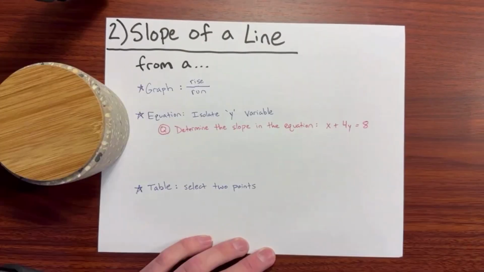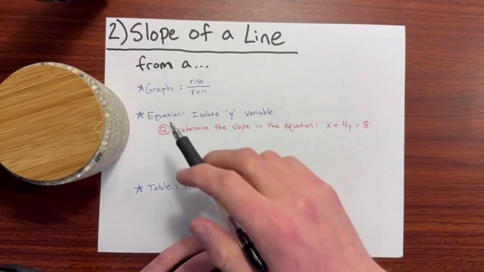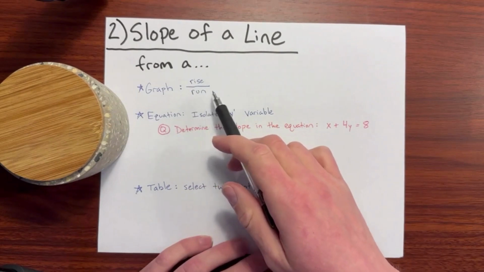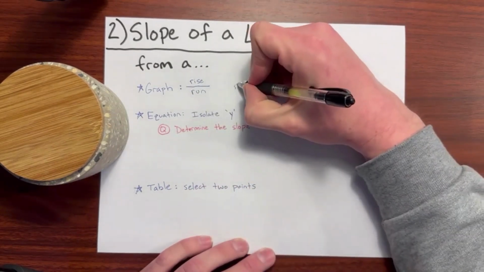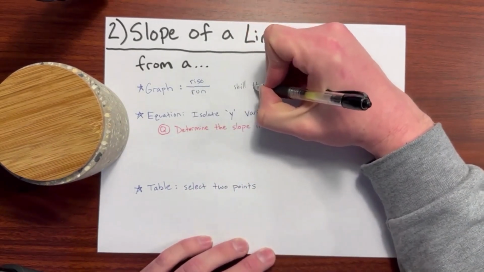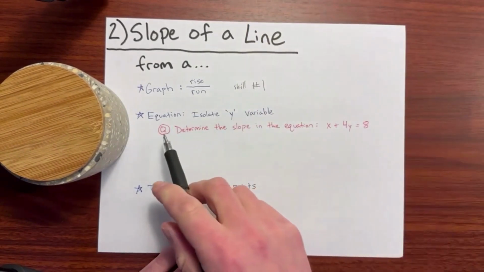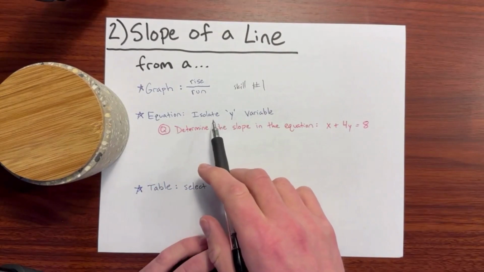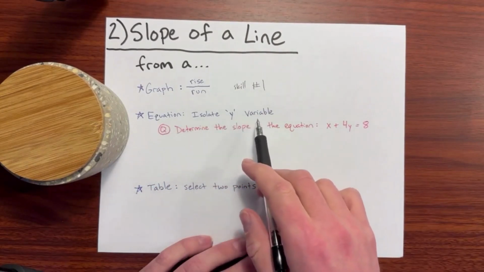Number 2, slope of a line from a graph, equation, and table. To determine the slope of a line from a graph, it is the rise over the run, which we covered in skill number 1. So jump back to that if you want to review. Determining the slope of a line from an equation, you'll need to isolate the y variable.